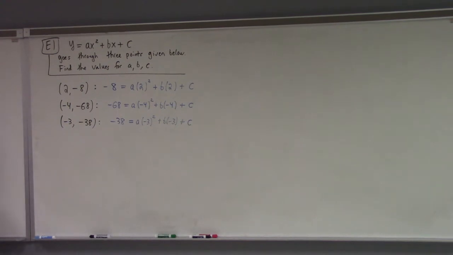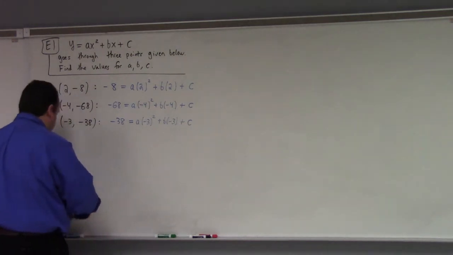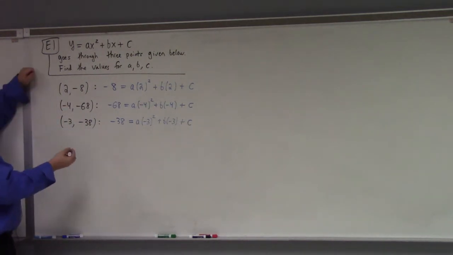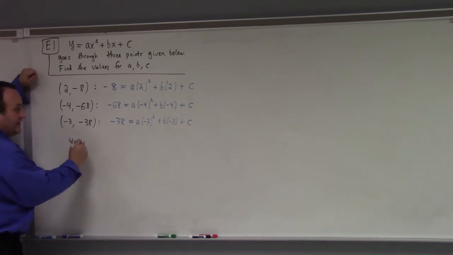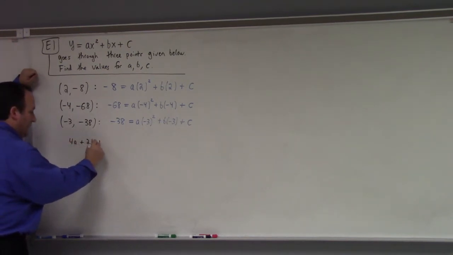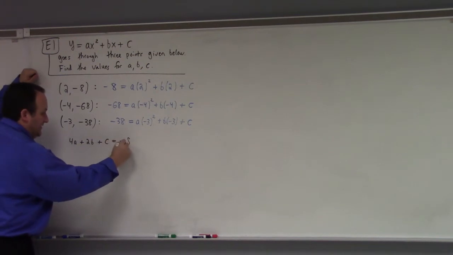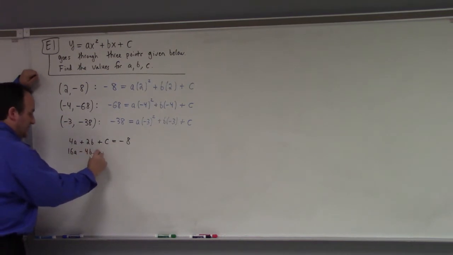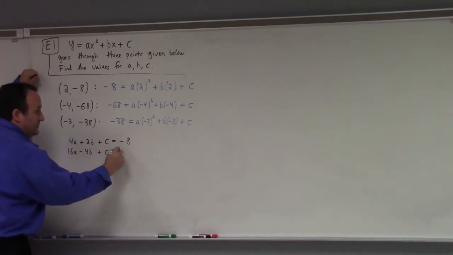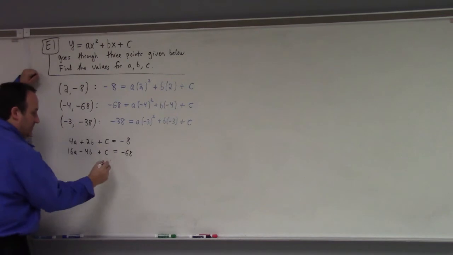Now, we should clean these equations up. What does the equation actually look like? We've got 4a plus 2b plus c equals -8. I've got 16a minus 4b plus c equals -68.